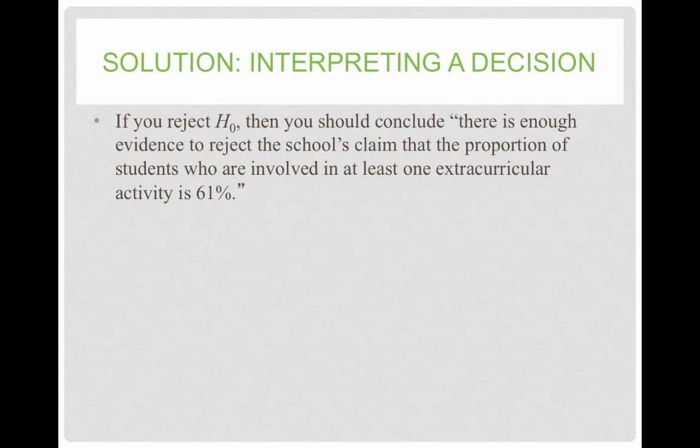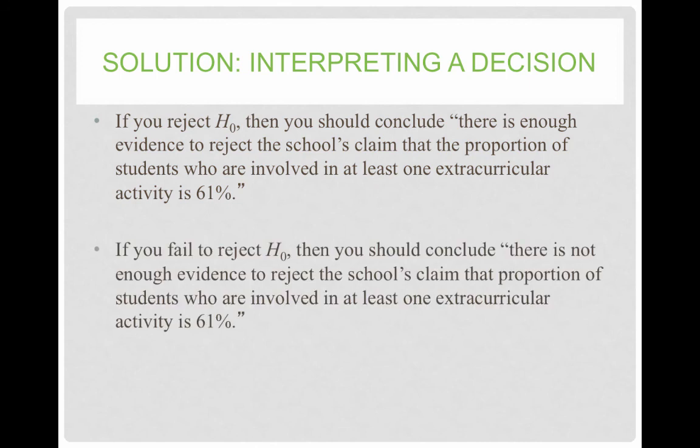So we would conclude there's enough evidence to reject the school's claim that the proportion of students who are involved in at least one extracurricular activity is 61%. If we fail to reject the null hypothesis, then we fail to reject the claim. So we would conclude there is not enough evidence to reject the school's claim that the proportion of students who are involved in at least one extracurricular activity is 61%.